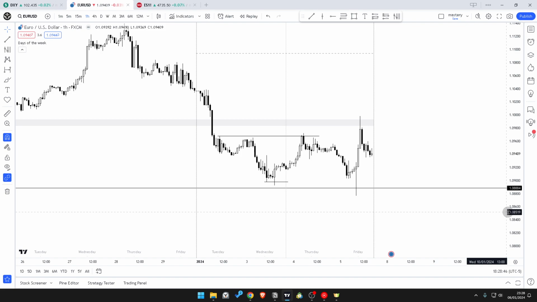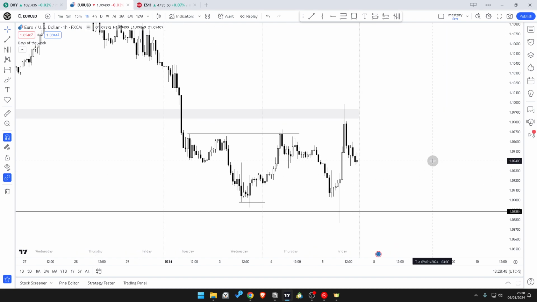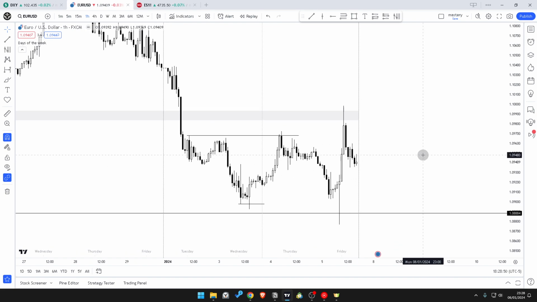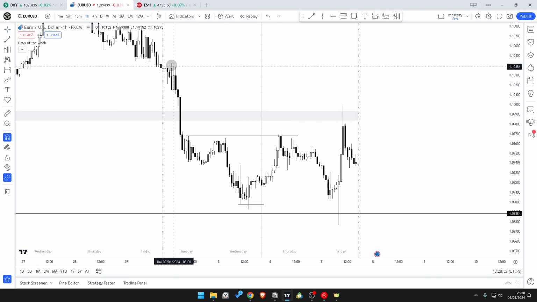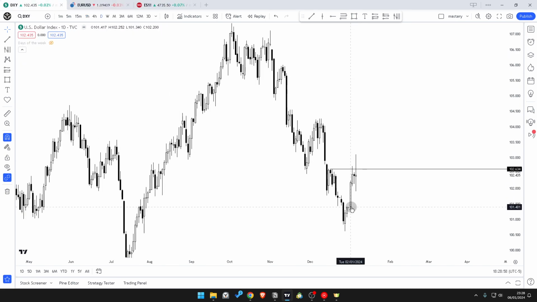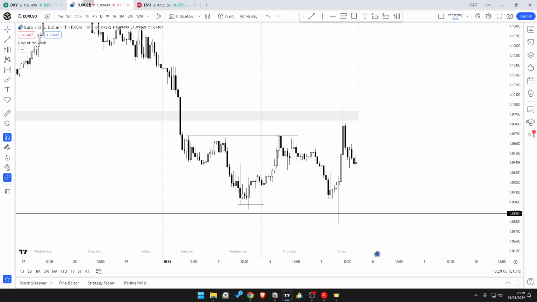On the 1 hour candlestick, what can I see? Like I mentioned, Tuesday, 3-hour high, coupled with the DXY 3-hour high of the week, and in this case it's the DXY 3-hour low of the week.